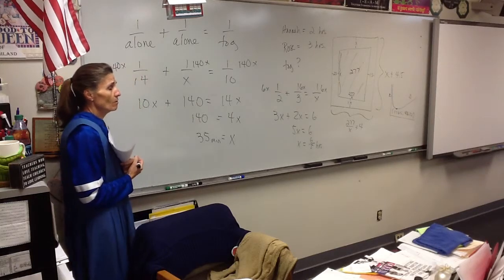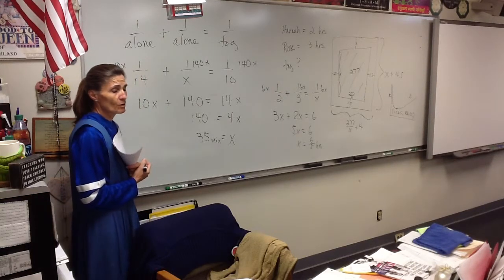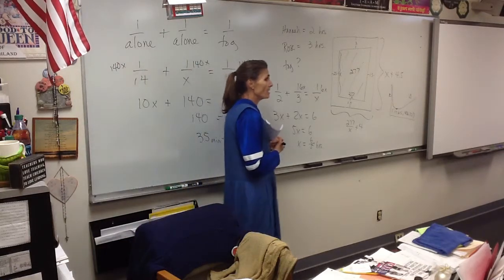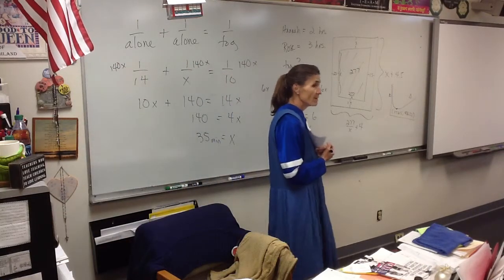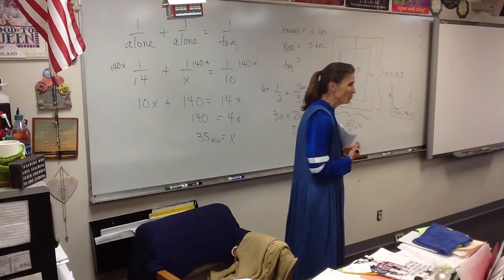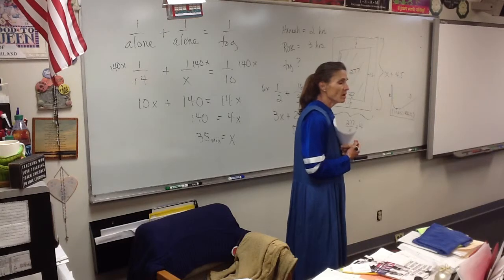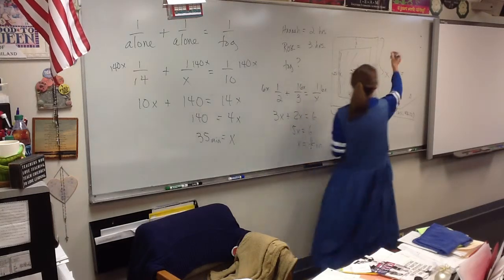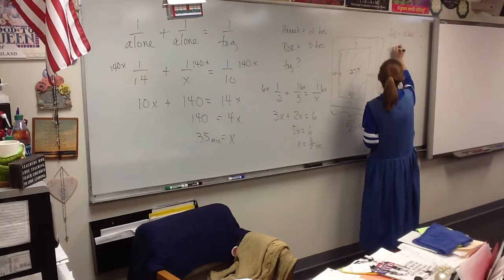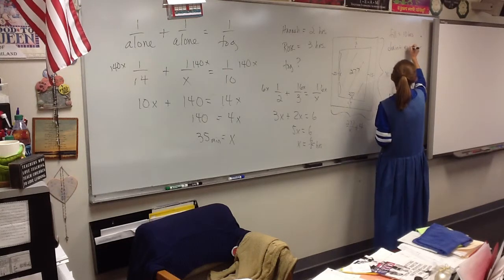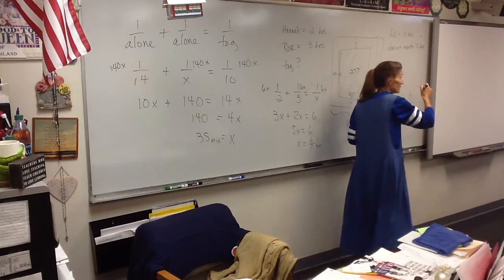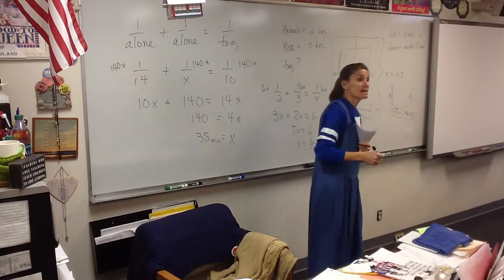Now the only variation here is, let's say that we've got a hose filling a pool and a drain open in the pool. So if the hose can fill it in 10 hours and the drain can empty it in 15 hours, how long does it take to fill the pool?